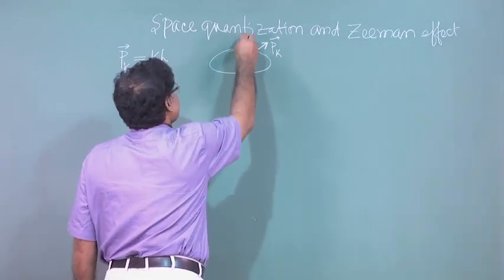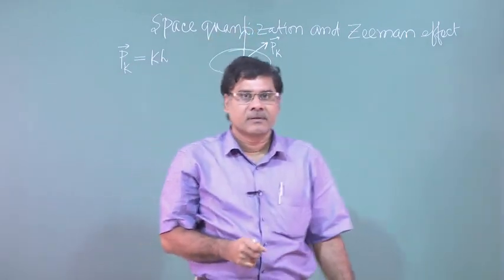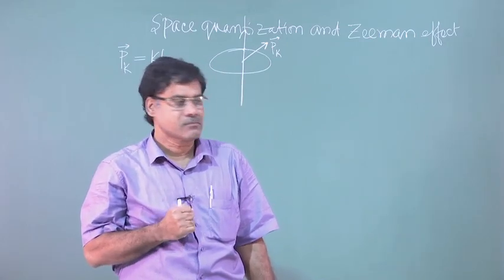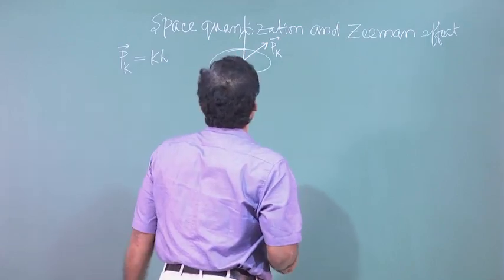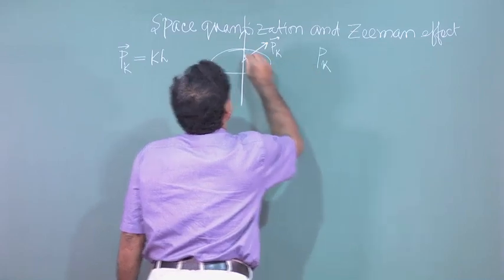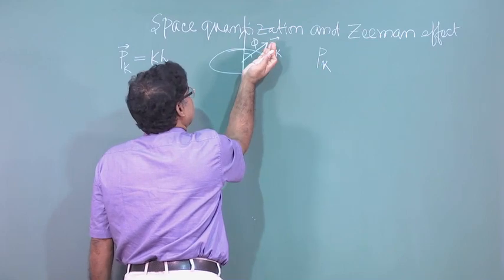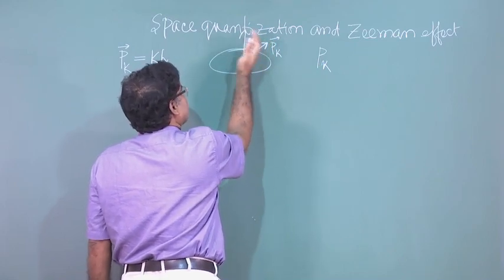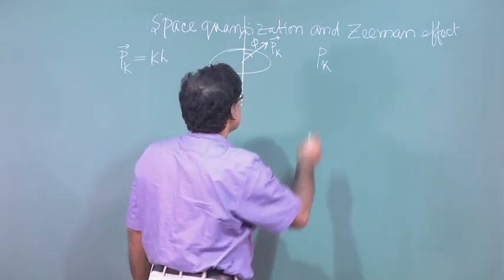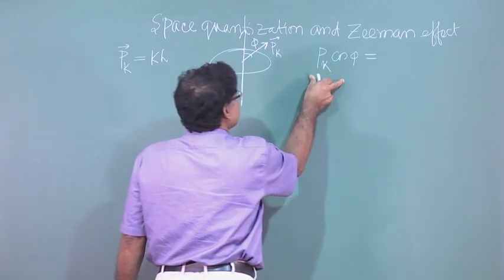So, the fixed direction in space is generally the direction in which we apply a magnetic field or electric field. So, it is quantized. The condition for this quantization: if this angle is phi, then Pk cos phi, the projection of the Pk direction along this reference direction in space, is quantized.